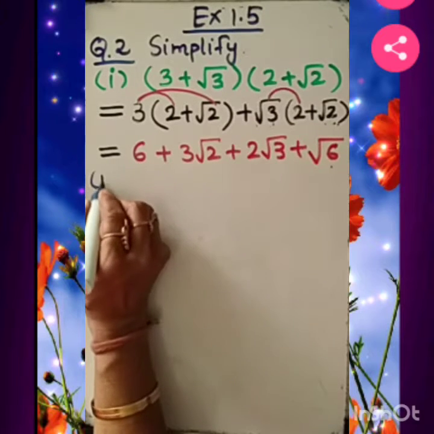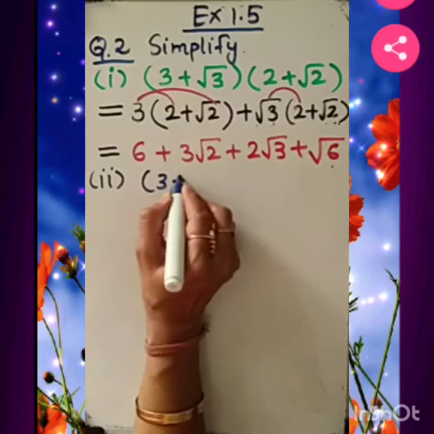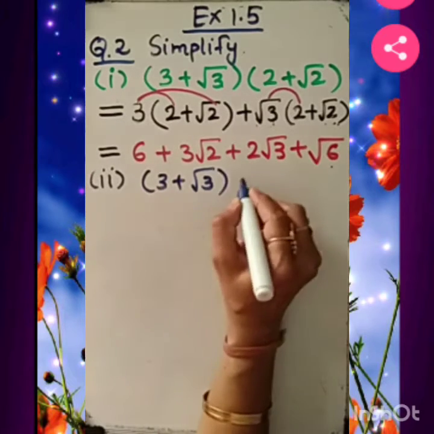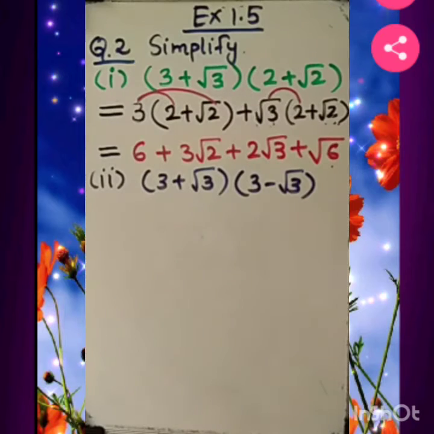Let's work out the second question. The question is 3 plus root 3 and 3 minus root 3. Now we have to apply an identity here, which we studied in class 8, chapter 9. There we studied 4 identities.